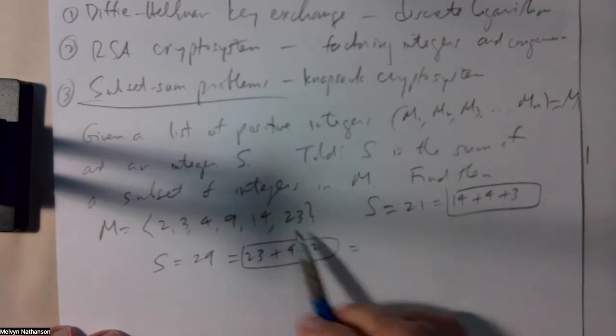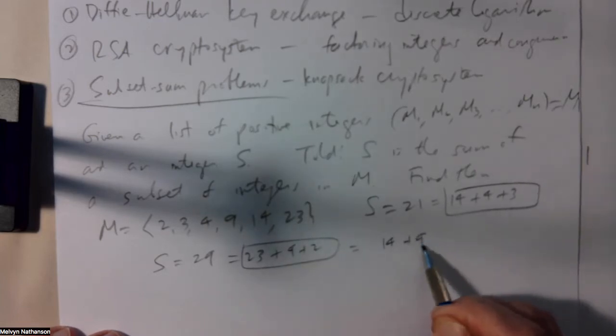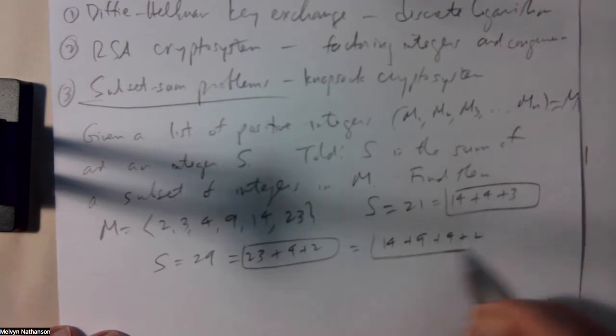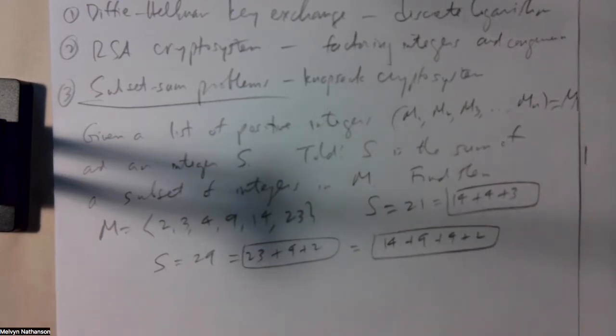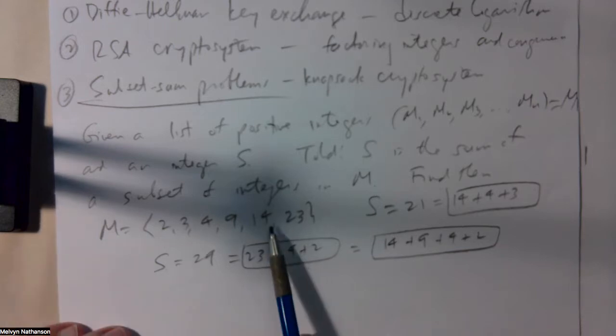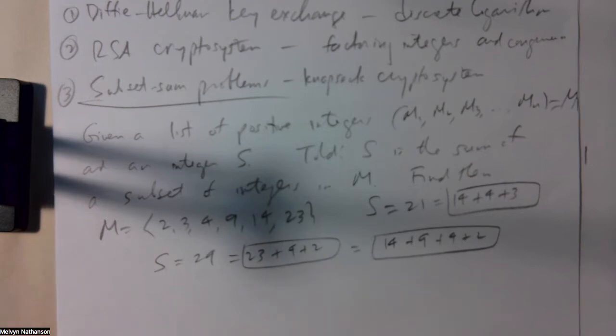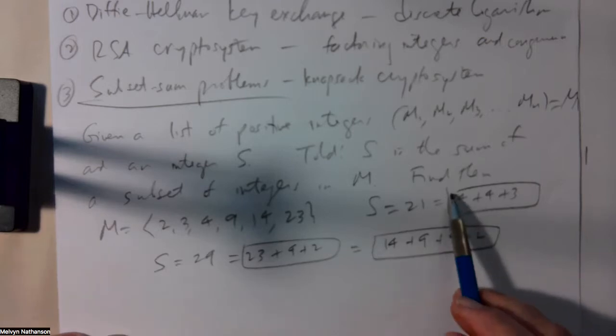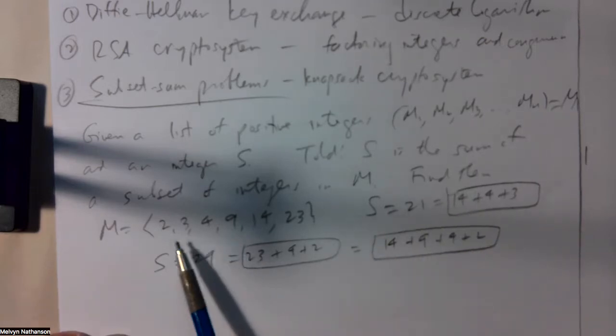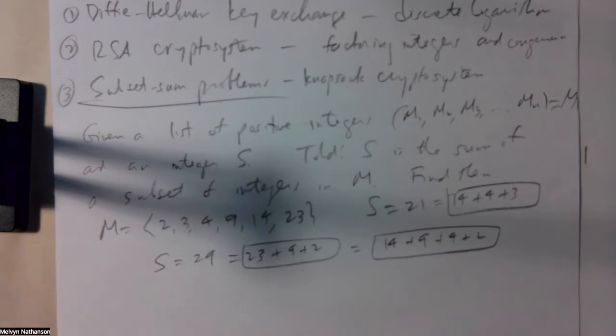I don't have to take 23. I could take 14 and 9 and 4 and 2. So the solution to this problem is not necessarily unique. There could be more than one subset of M that adds up to S. But you can think of this as a mathematical problem, as a puzzle. I give you a set of integers, and I tell you there's some number S, which is the sum of some of the elements in the set M, and you can't use any element more than once, find the numbers that add up to S.